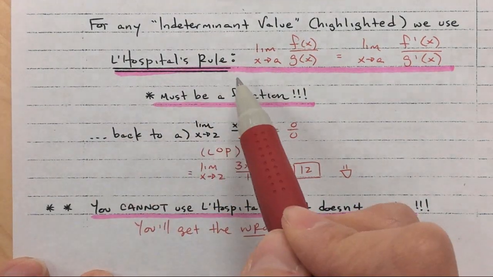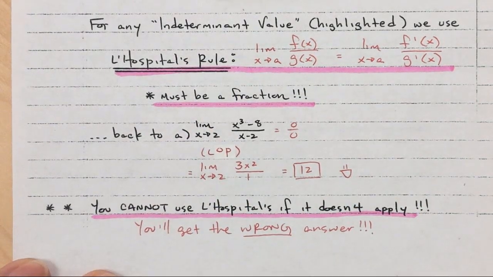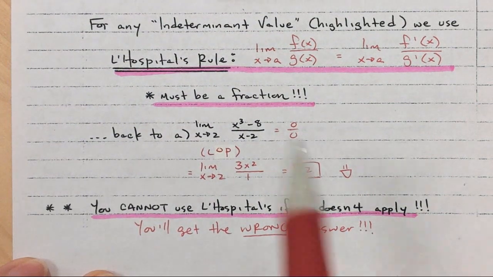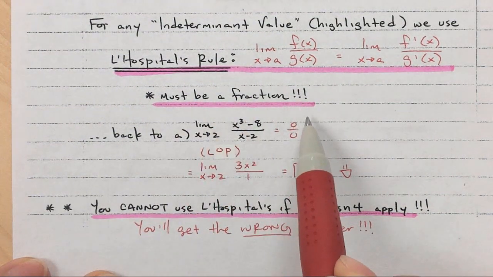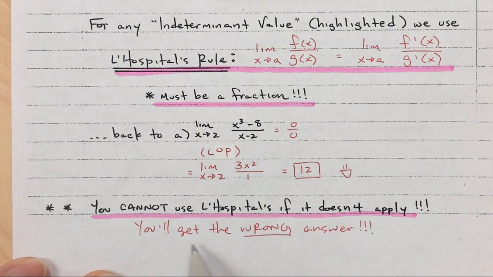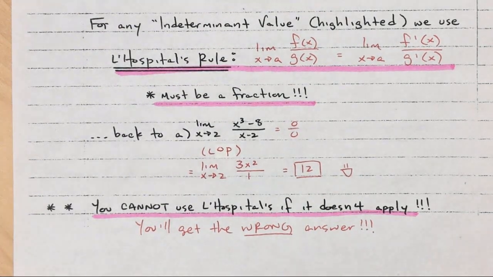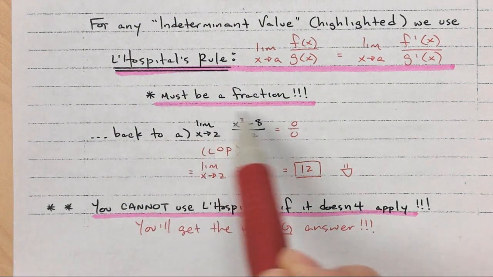L'Hôpital will only work, let me stress this, if it's a fraction and you can't get an actual answer, like a 4 or a 0 or a -2 over 7, because that's an answer. If you get 0 over 0, that's when we use L'Hôpital, and it has to be a fraction.